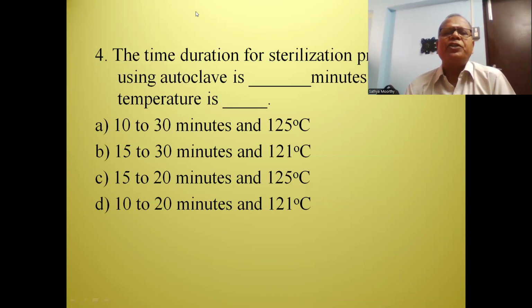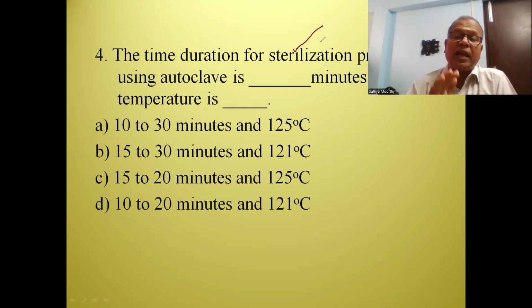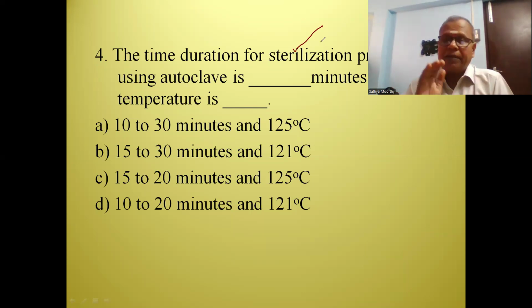The time duration for the sterilization process using an autoclave is dash minutes and the temperature is dash. You know what is sterilization? Sterilization means getting rid of microbes: the removal of microorganisms from the surface of the explant, culture vessel and culture medium.